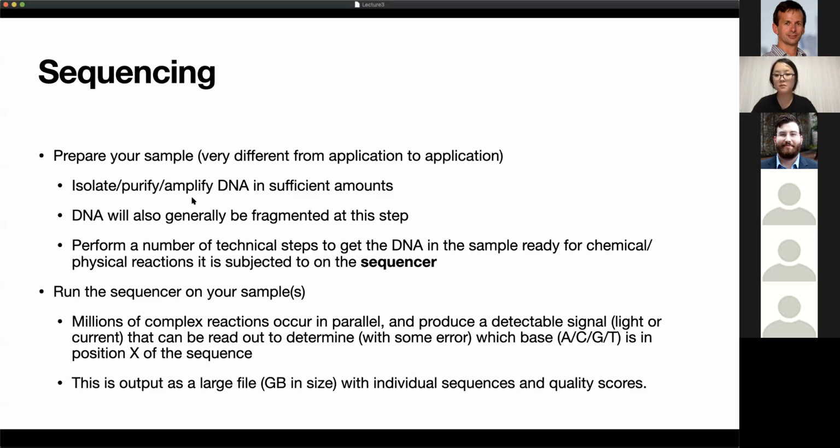But in this case, generally speaking, you would have to isolate or purify or amplify DNA in sufficient amounts. Typically, you will also take longer DNA molecules and chop them into smaller pieces for a variety of technical reasons. Then you will take these pieces and perform a number of technical steps to get the DNA in the sample ready for chemical or physical reactions that it is subjected to on the sequencer.